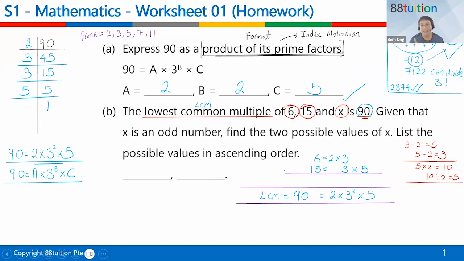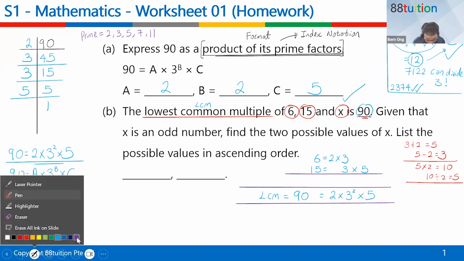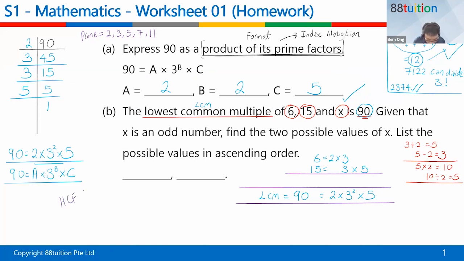So this type of question, remember me telling you something? HCF and LCM, how many methods are there in order to find HCF and LCM? There are 2 methods, or actually, there are 3 methods. Last week, I covered the 3 methods.